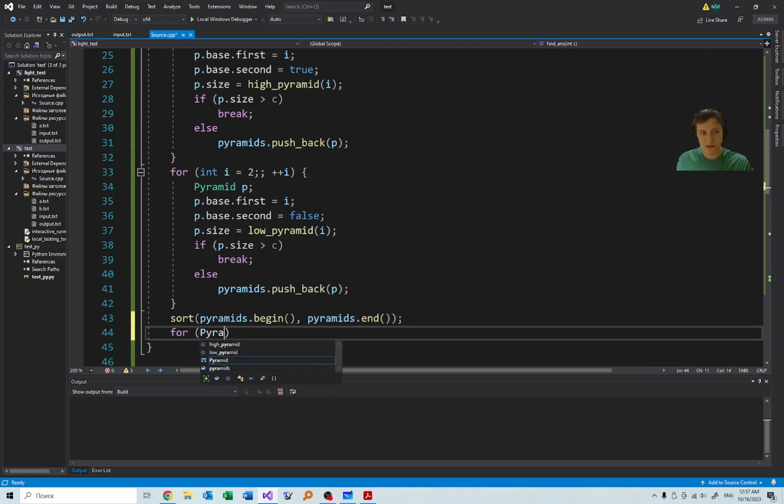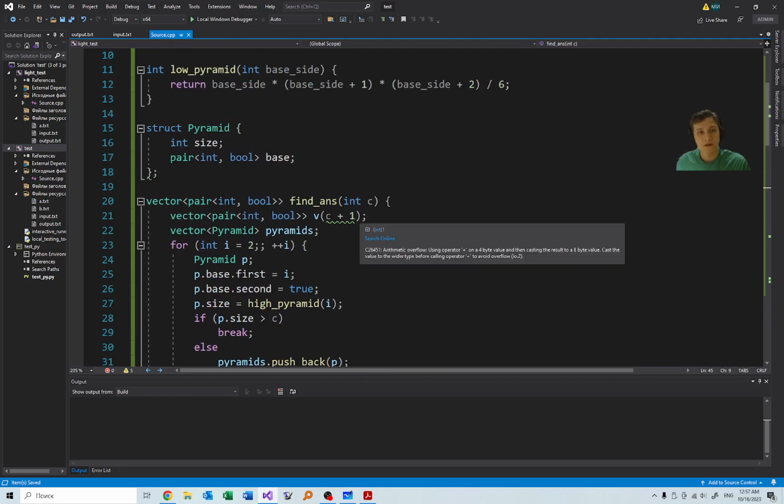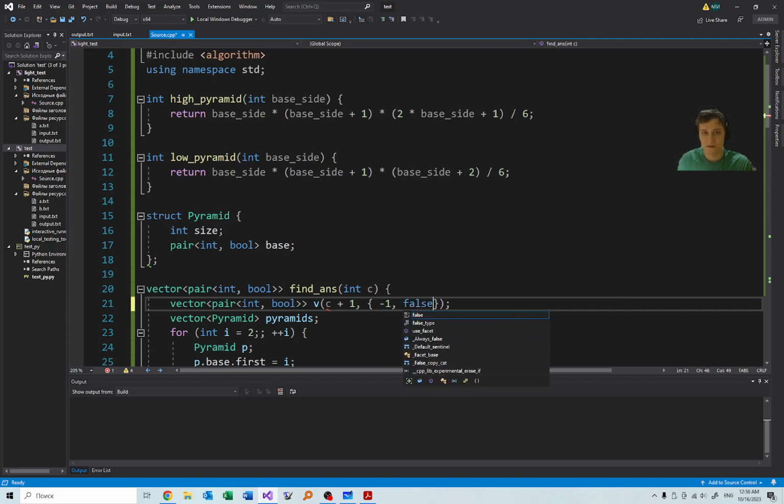So we iterate through the pyramids. Also, I want to start with something impossible. So let's use -1, which means that I cannot get this state.